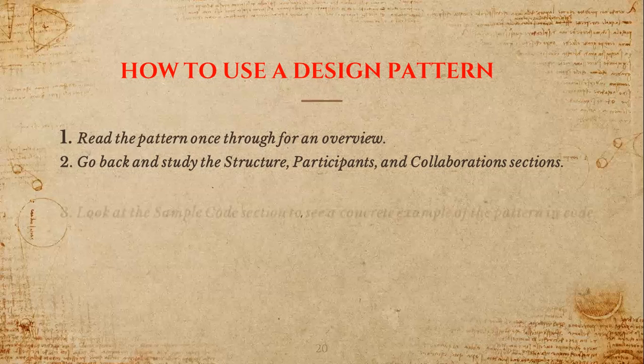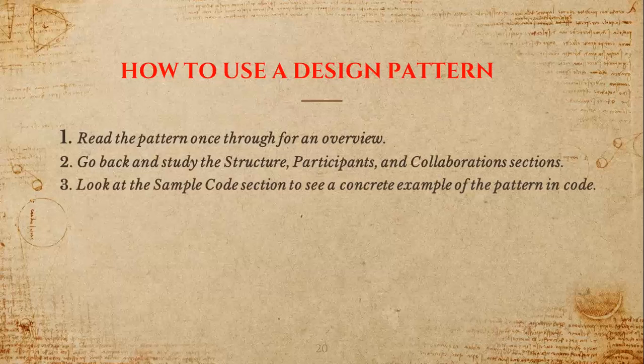And in the third step, we look at the sample code section to see a concrete example of the pattern in code. By studying the code, we learn how to implement the pattern.